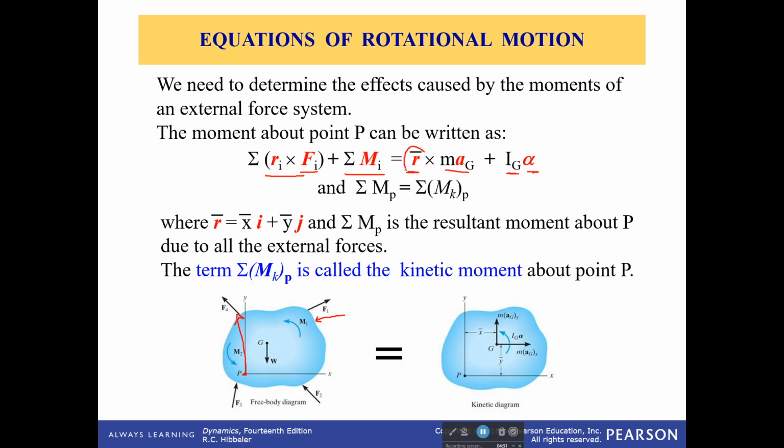If you're wondering what this is, it is simply our distance to our center of gravity. Now, this term right here, where we have the sum of the moments acting on it, is called the kinetic moment about point P. The kinetic moment about point P.